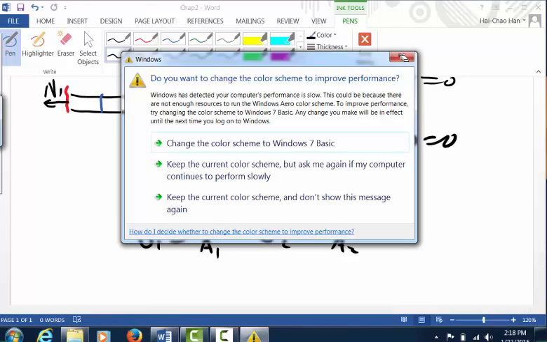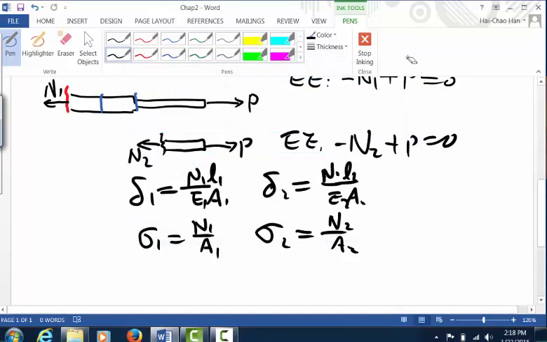Because you know from here that A2 looks smaller, right? They have the same force. N1 and N2 are actually equal, but the area is different. So wherever there is the smallest area, there will be higher stress. That's the intuition, right? So without numbers, you can quickly make a judgment.